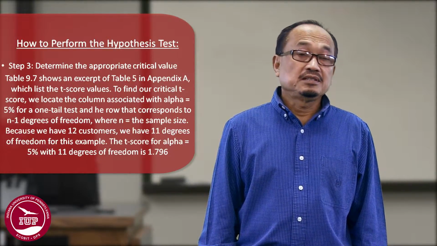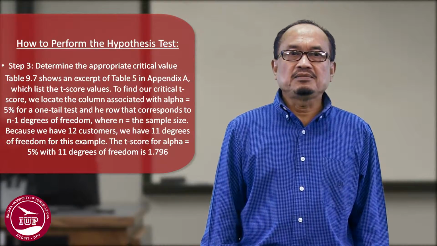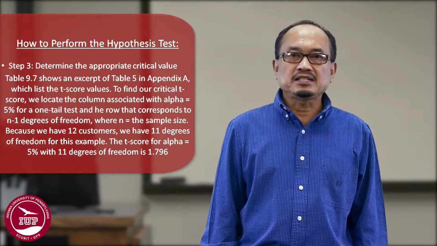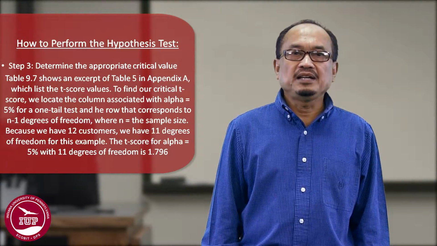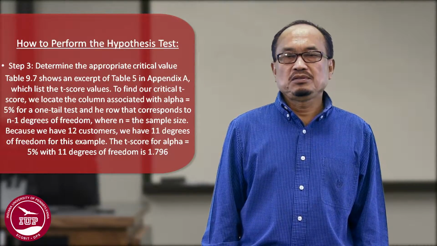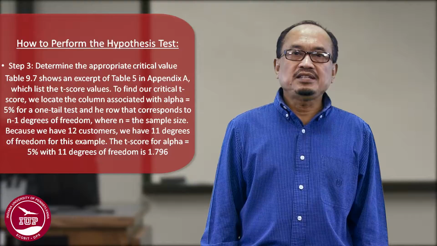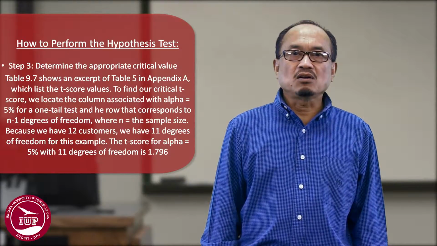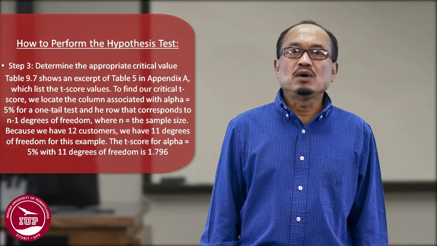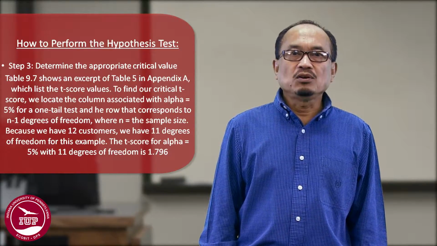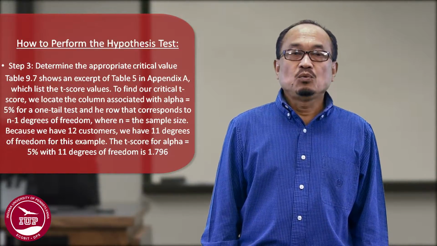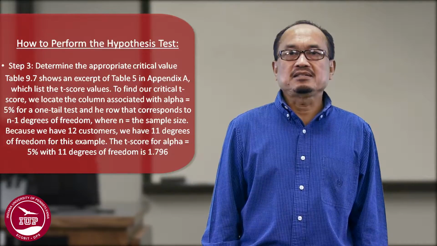Step 3. Determine the appropriate critical value. Table 9.7 shows an excerpt of Table 5 in Appendix A, which lists the t-score values. To find our critical t-score, we locate the column associated with alpha equal to 5% for a one-tailed test, and the row that corresponds to n minus 1 degrees of freedom, where n is the sample size.